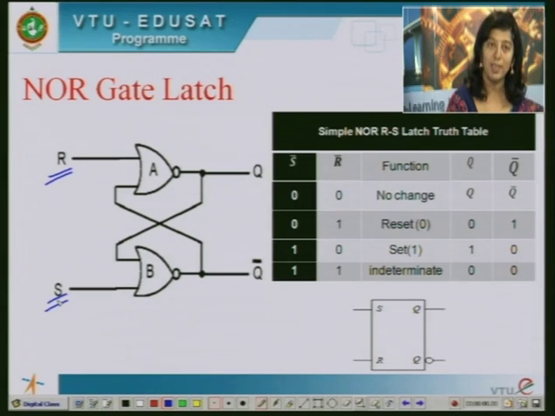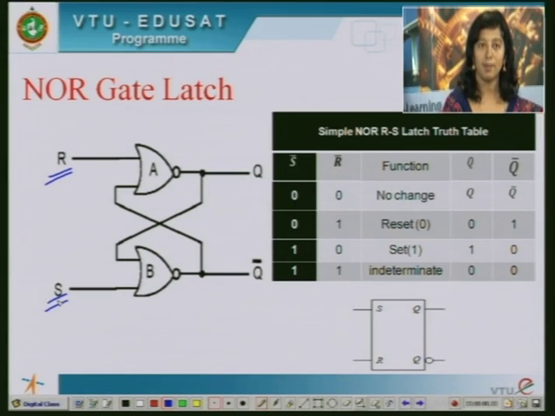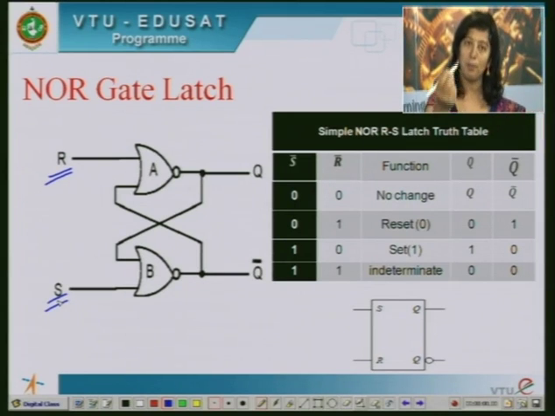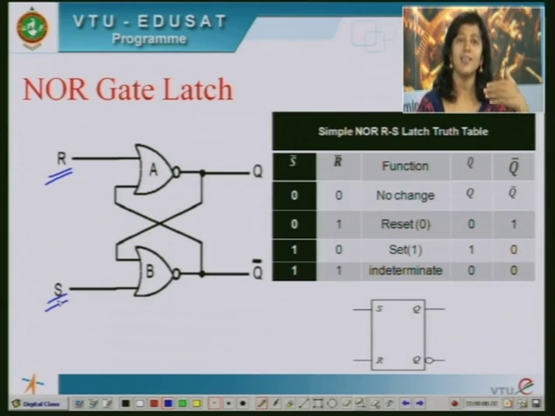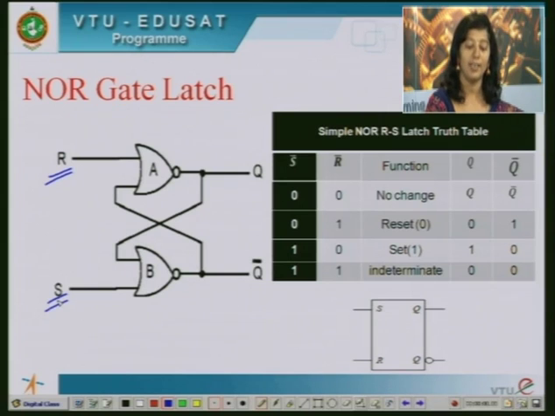Previously we had complemented inputs. For a NAND gate latch, we had S bar and R bar. S bar was given to the upper gate, R bar to the lower gate. The change here is R is nothing but reset input and S is the set input. R is given to the upper gate and S is given to the lower gate in this case. So this is the main change.